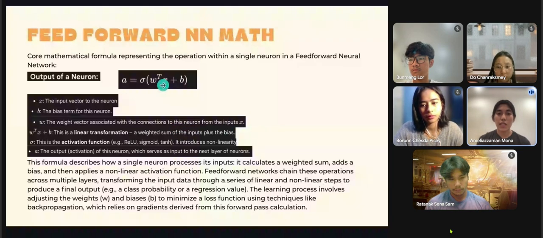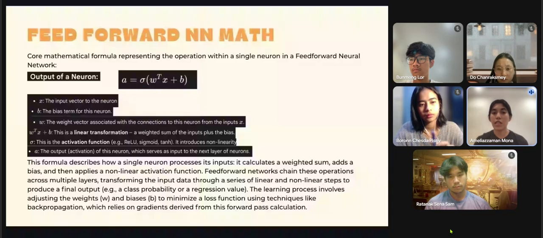And this equation is the linear transformation, the weighted sum of the inputs plus the bias. And this symbol is the activation function, such as ReLU, sigmoid, or tanh. It introduces nonlinearity. And a here is the output activation of the neuron.